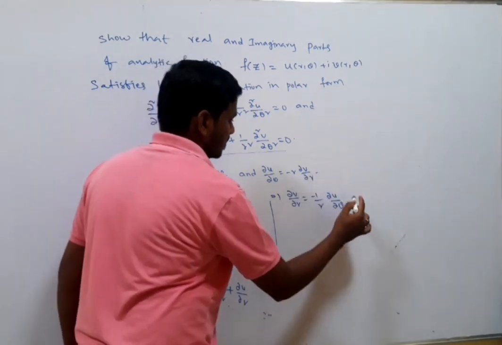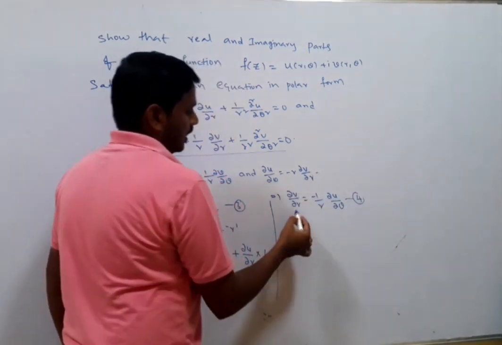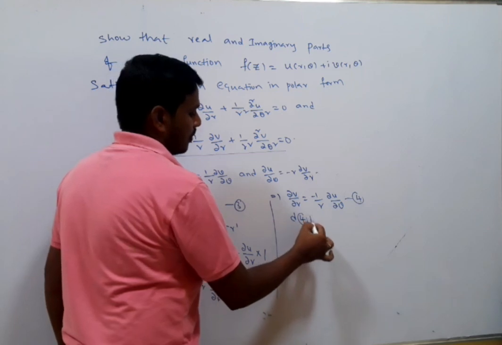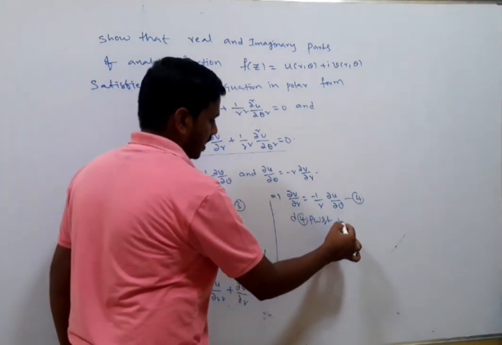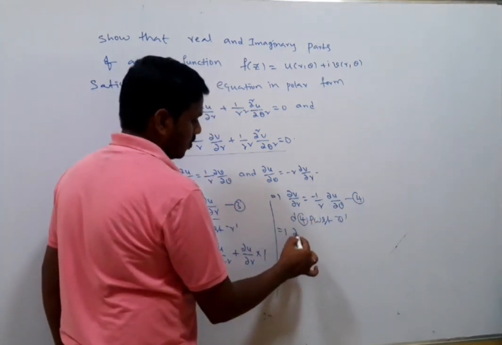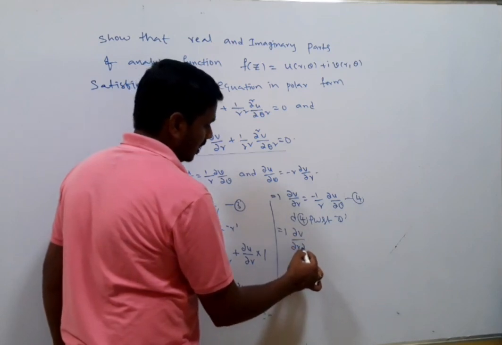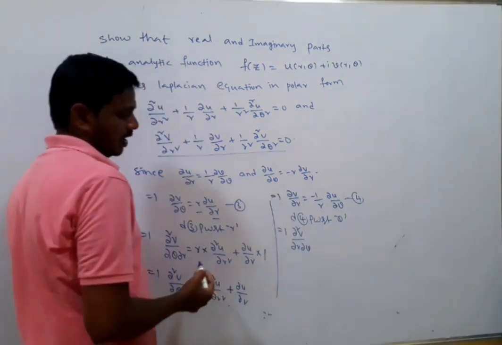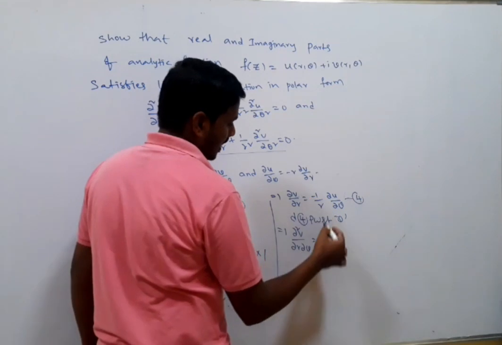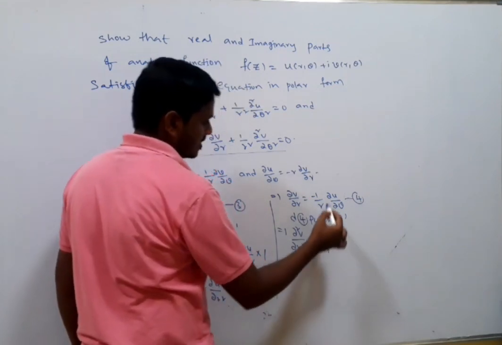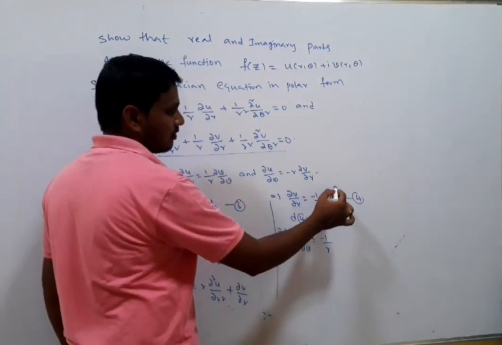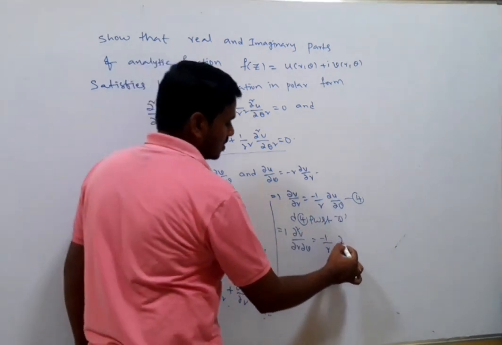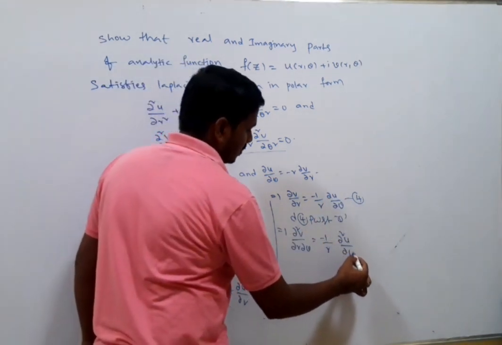This can be taken as equation number 4. Differentiating 4 partially with respect to θ, on the LHS we have ∂²v/∂r∂θ, which is equal to, keeping r as constant, minus 1/r times ∂/∂θ of ∂u/∂θ. So this is ∂²u/∂θ².